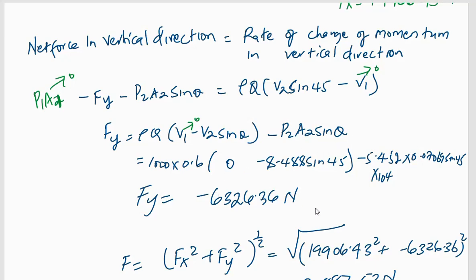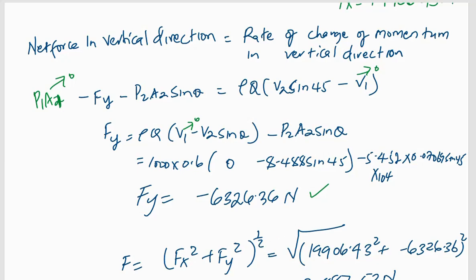So if we substitute in our values, 1000 times 0.6 into 0 minus 8.488 sine 45 degrees, then minus 5.452 times 0.07069. Remember that is the area at section 2. Then sine 45. Remember this is times 10 to the power 4, so we multiply by 10 to the power 4. Fy would be equal to negative 6326.3 Newton.